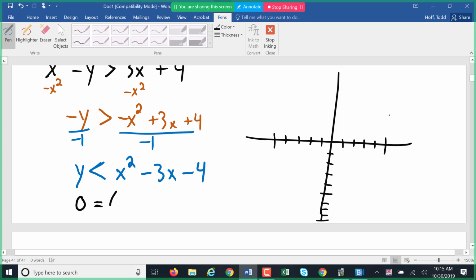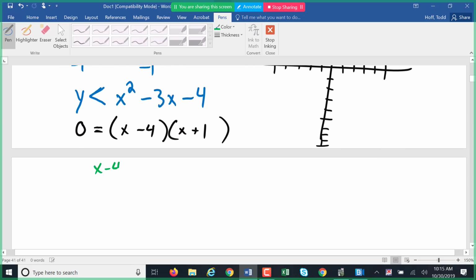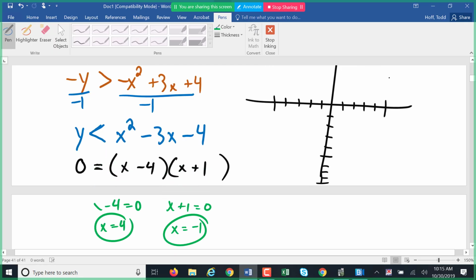We let it be equal to, and we factor the other side. X squared minus 3x minus 4 is x minus 4, x plus 1. Telling us that we have a root where x minus 4 equals 0, which would be x equals 4, or at x plus 1 equals 0, which would be x equals negative 1. So we have roots at negative 1 and positive 4.